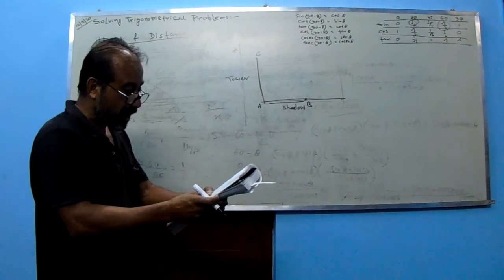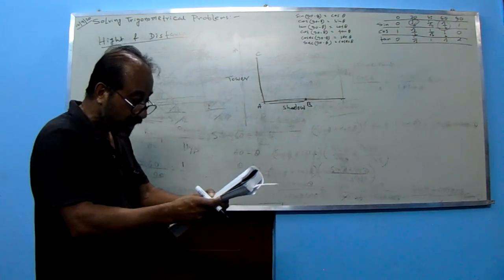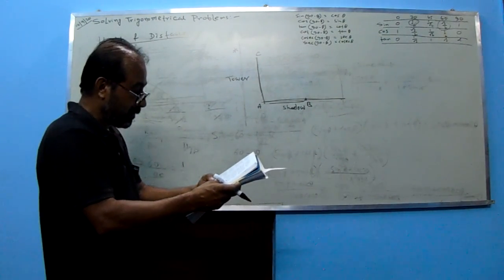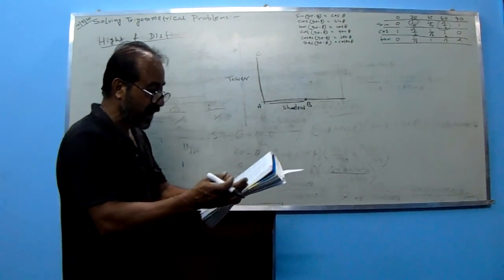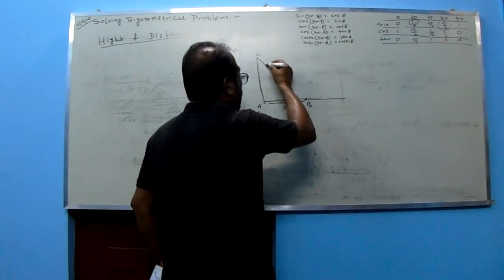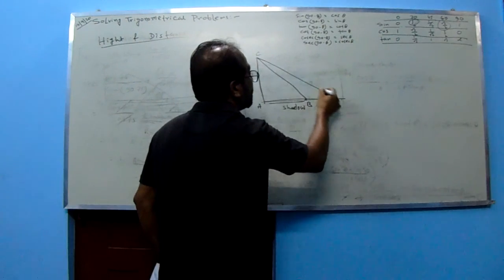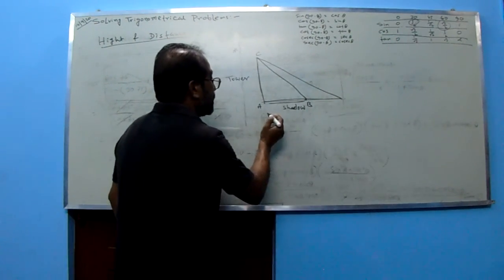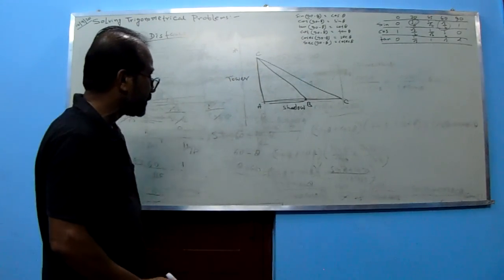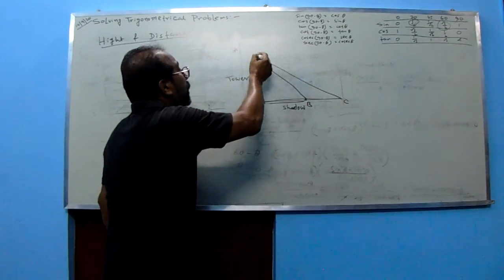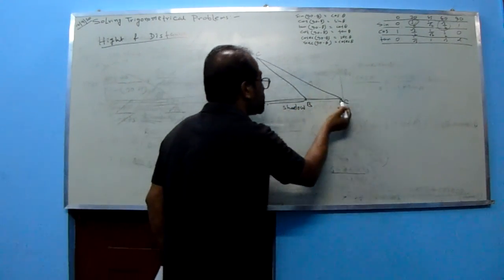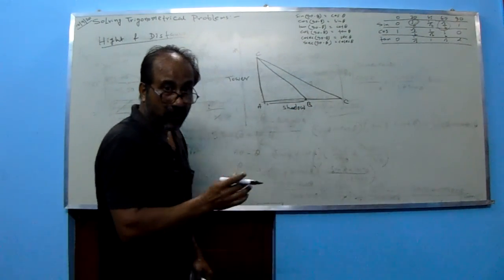What do they say? The length of the shadow of the vertical tower on the level ground increased by 10 meters when the altitude of the sun changes from 45 to 35 degrees. So if I give the name C here, this tower has the shadow AB, and simultaneously AC. Why?